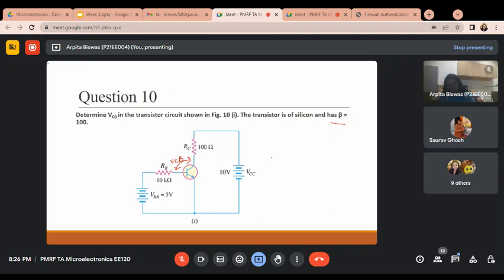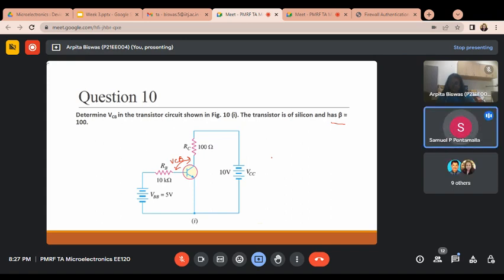Yes. Now tell me how you have calculated this. How to calculate the VCB value?